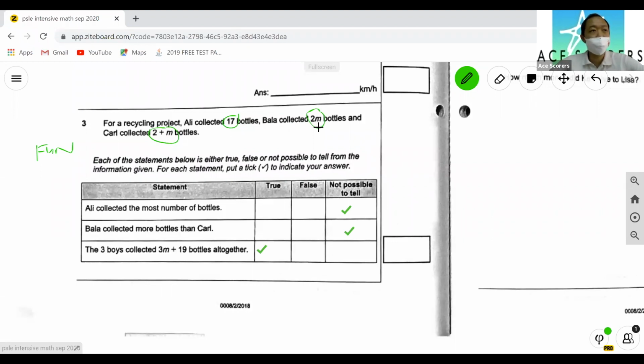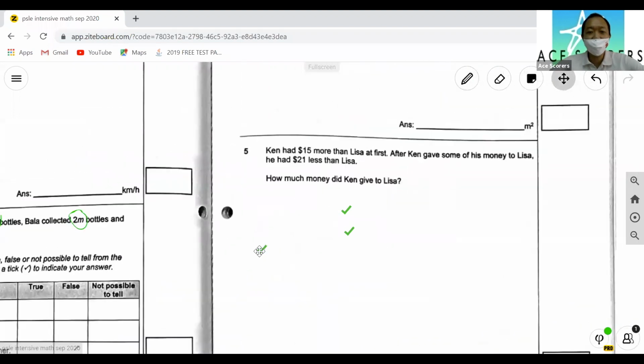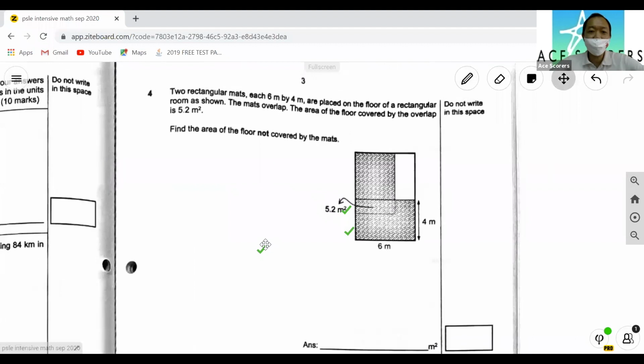M and 2M, so that's 3M. 17 plus 2 is 19, so it's true. So it's fundamental. Next one, this is obviously fundamental again.